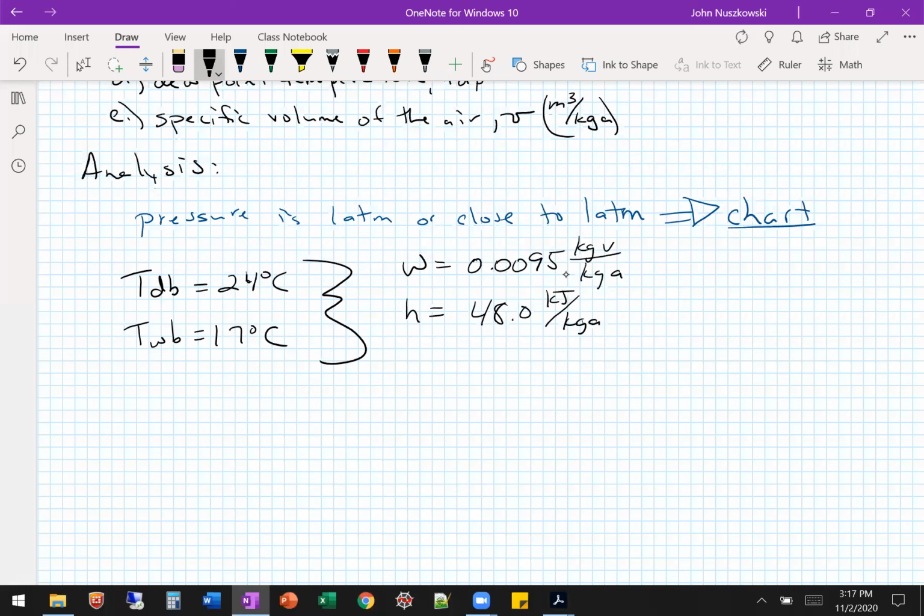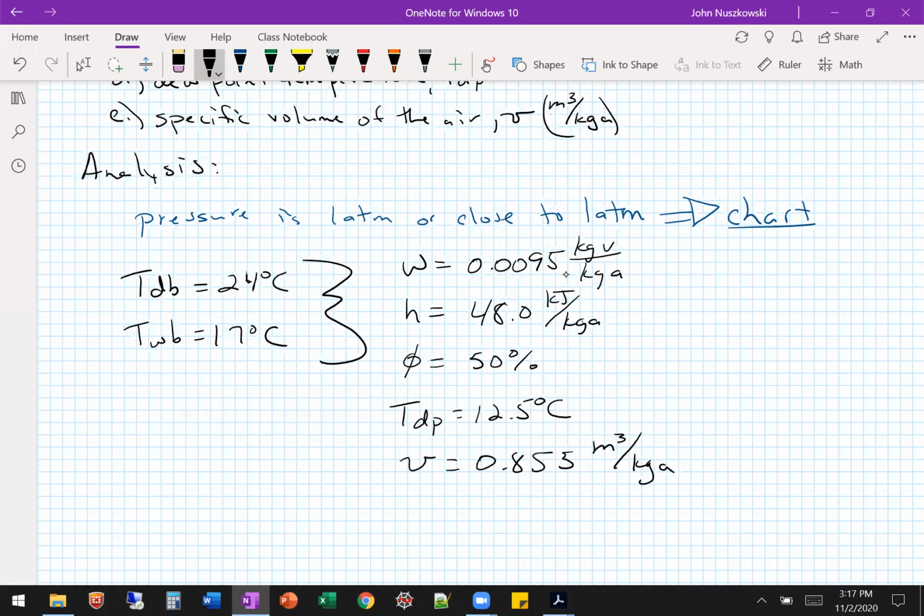The kilojoules already include the sensible enthalpy from the air and the latent energy from the water. Relative humidity, we got 50%. Dew point, we got 12.5 degrees Celsius. And specific volume, we got 0.855 meters cubed per kilogram dry air.